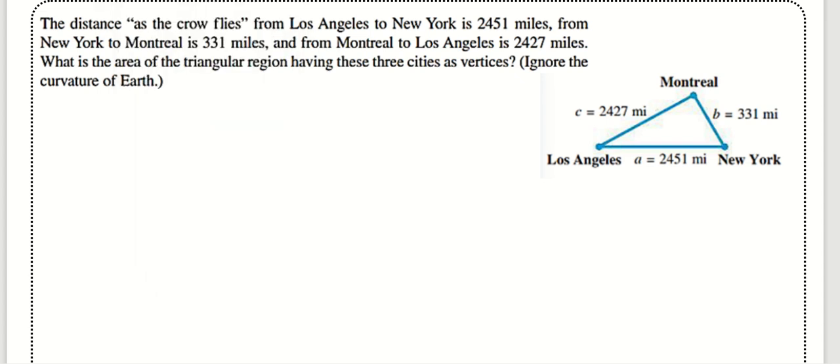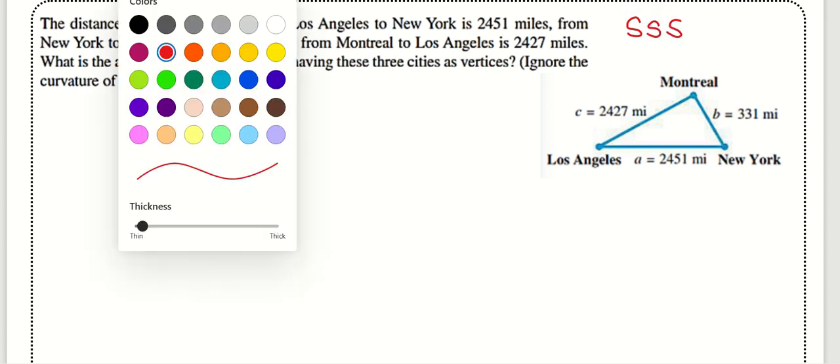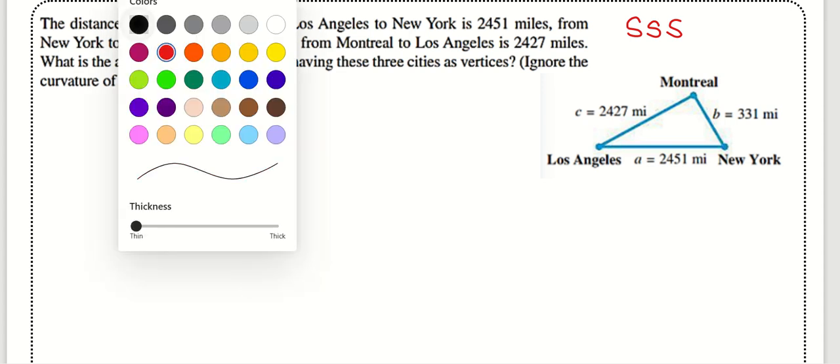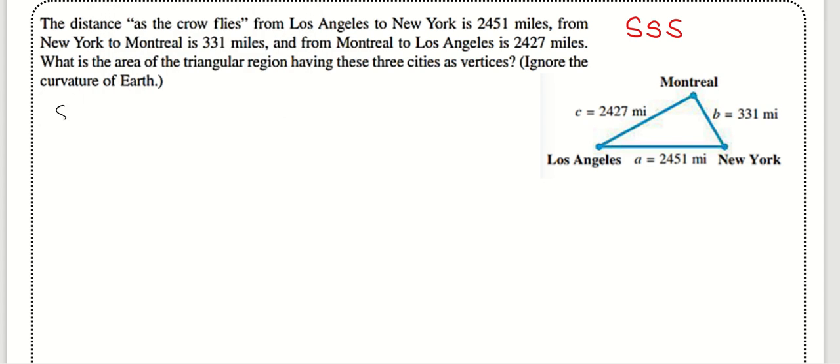This is an SSS triangle. And since this is an SSS triangle, we need to first find our semi-perimeter. So the semi-perimeter, which is S, is 1/2 the sum of all 3 sides.